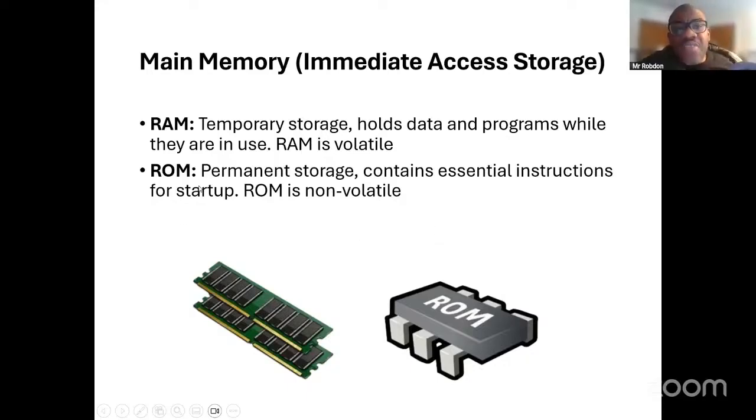Now, the other type of primary memory that we need to speak about is ROM. This one is permanent storage. Again, it stores instructions. It contains essential instructions for a startup, which means that only the manufacturer can add these instructions.